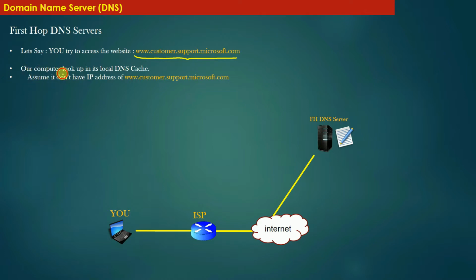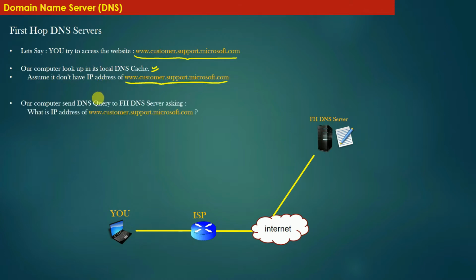Your computer will look up in its local DNS cache. Let us assume that you are accessing this website for the first time. Therefore, your local DNS cache will not have the IP address for the host server which actually hosts this website. So in this case, your computer will send the DNS query to the First Hop DNS server.